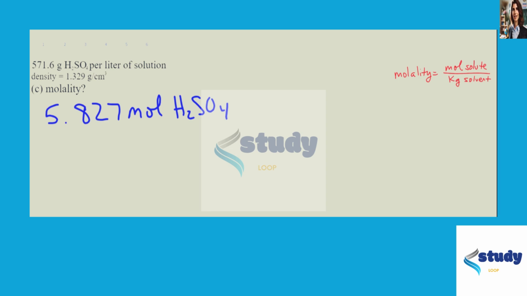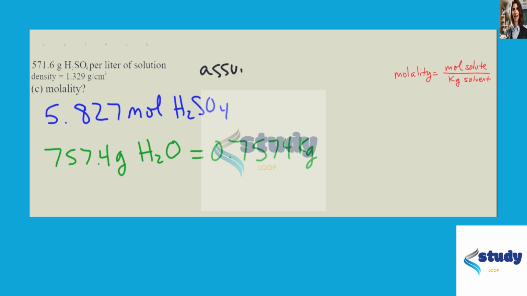Again, recall that for water, I had 757.4 grams. Converting that to kilograms is easy. I divide by 1,000. So I have 0.7574 for kilograms. Again, all of this is done assuming that I'm working with 1 liter. And I'm doing that because that's the information that I was given.